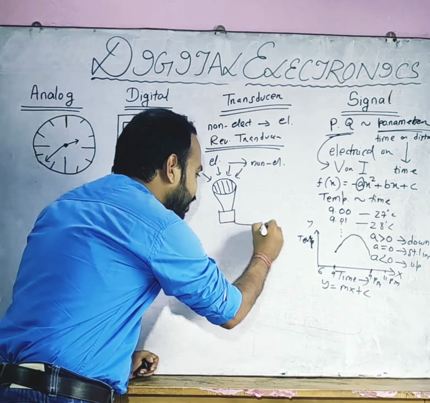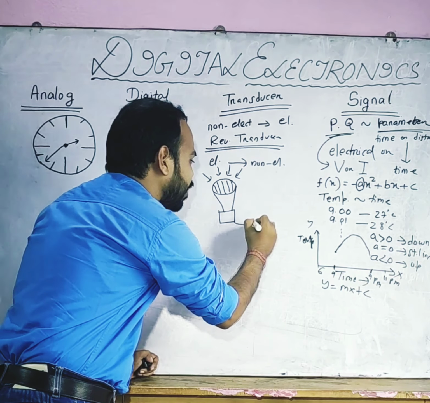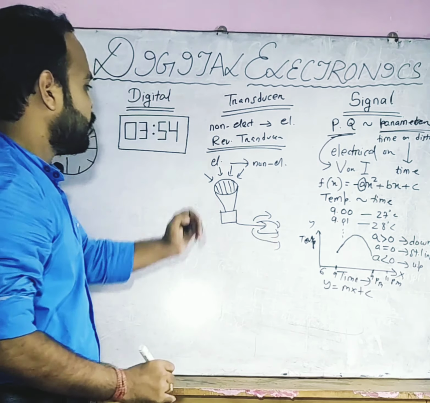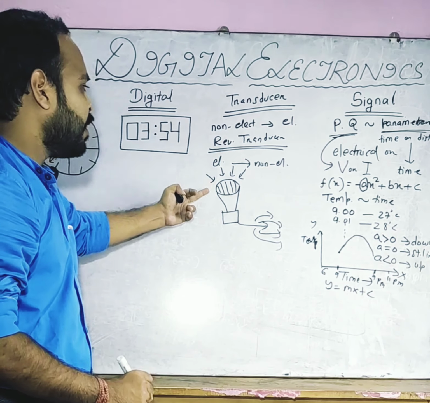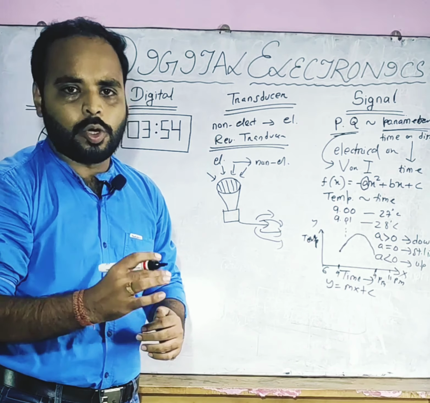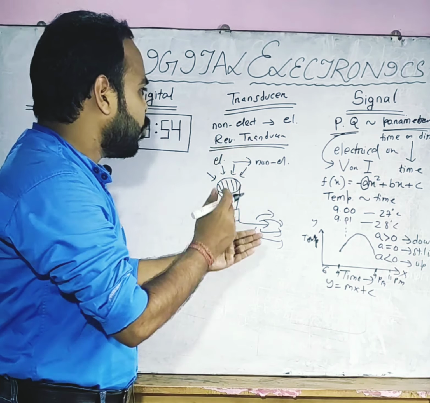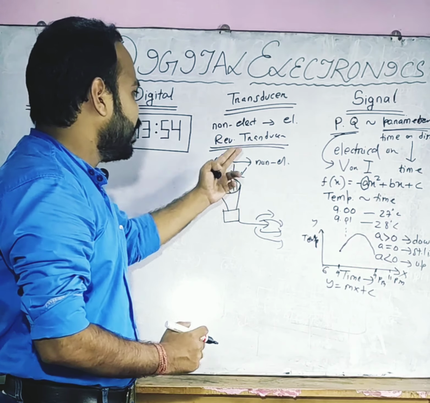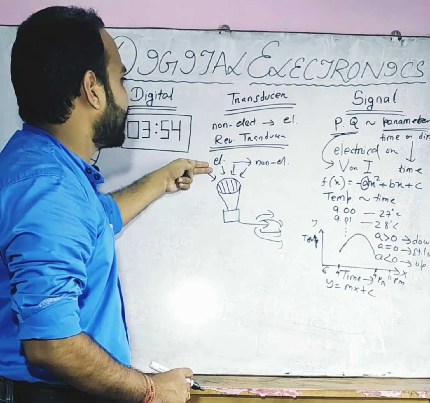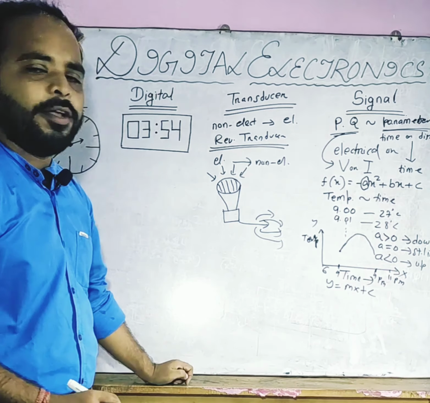And when it gives the output through a speaker, you will obtain the sound form again. That is, in this case, we are using both a transducer and a reverse transducer. So, to convert the electrical signal into the non-electrical form and its reverse process, we need the application of a transducer and a reverse transducer.